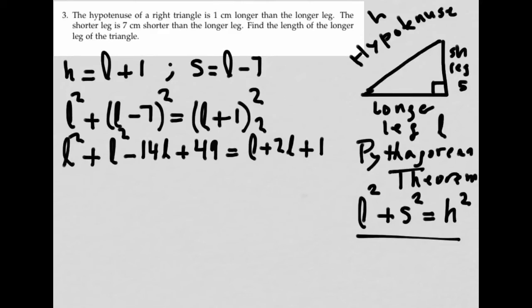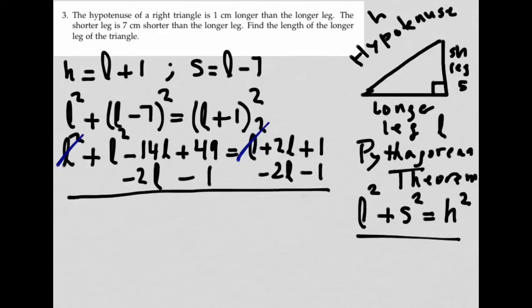Notice we have L squared, which is the same quantity on both sides of the equation, so we can cancel that out. And if we subtract 2L and subtract 1 from both sides of the equation, we wind up with the quadratic equation, L squared minus 16L plus 48 equals 0.